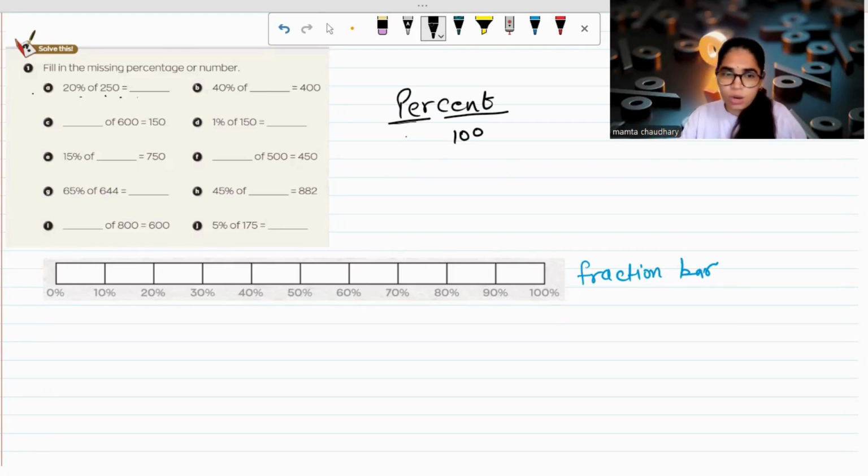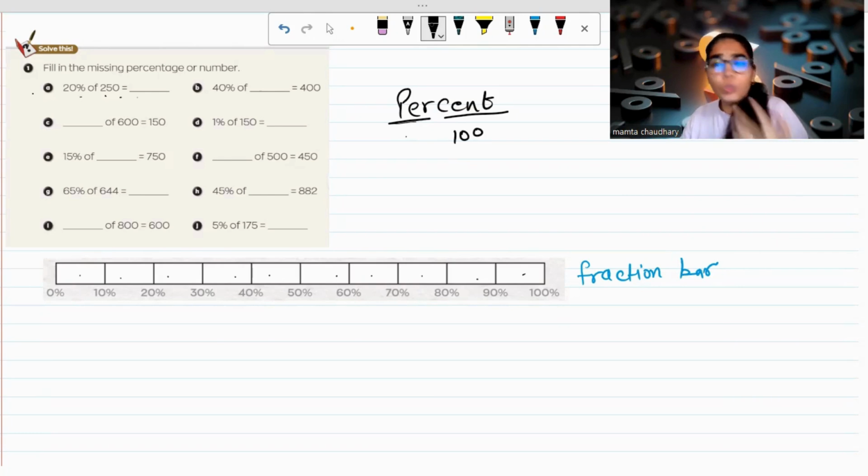You can count: 1, 2, 3, 4, 5, 6, 7, 8, 9, and 10. In those 10 equal parts, each part is denoted as a fraction: 0%, 10%, 20%, 30, 40, 50, 60, 70, 80, 90, 100%, like that. This is basically called a fraction bar.